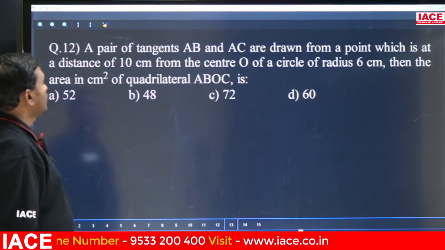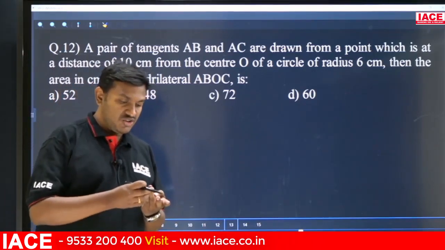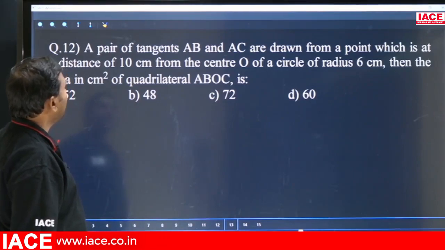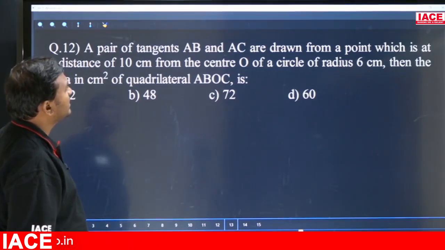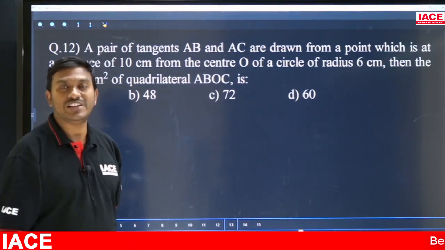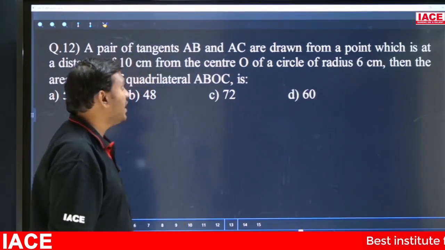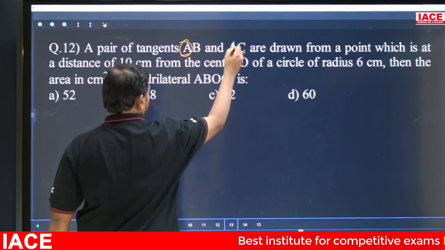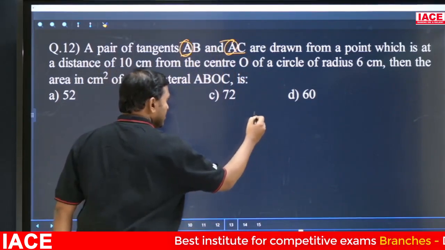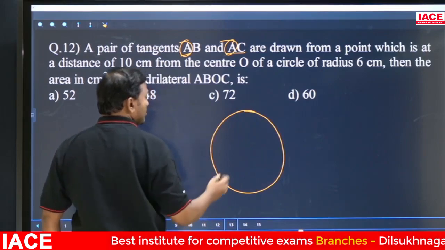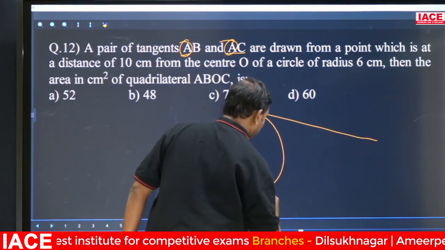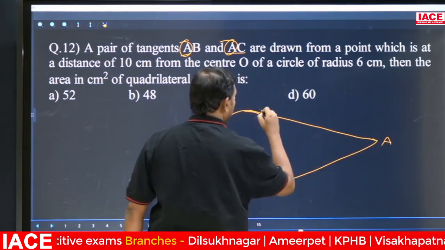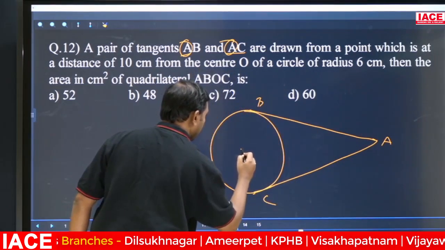Question number 12, again a geometry question. A pair of tangents AB and AC are drawn from a point. Just now we discussed two tangents drawn from an exterior point. What is the exterior point? AB and AC, what is the common point? A. So I'm drawing, just see. Two tangents are drawn from an exterior point A, B, C. Who is the center?